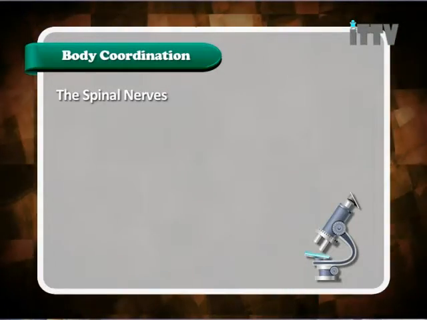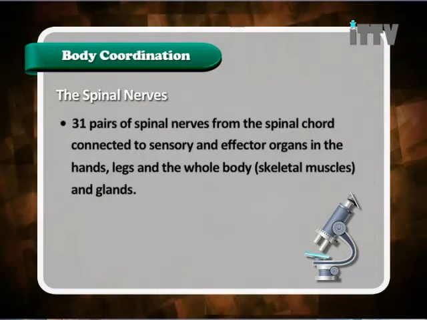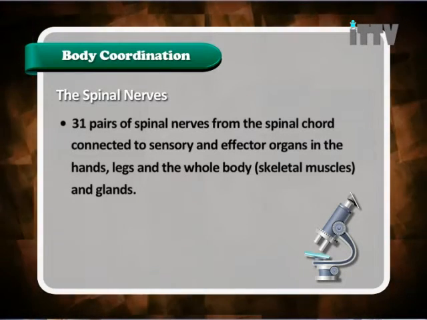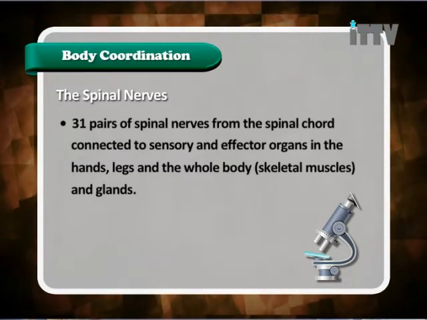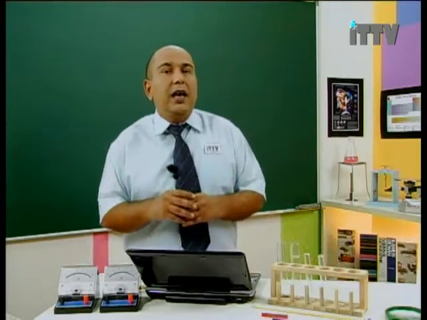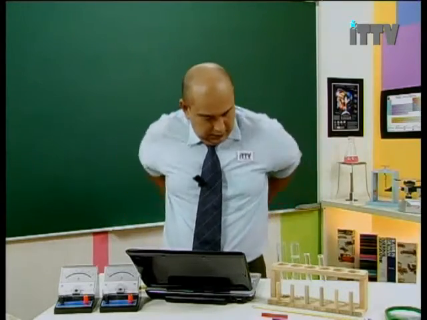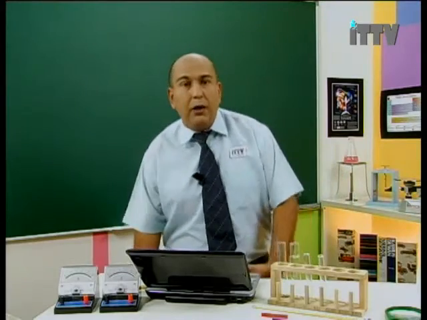The spinal nerves: 31 pairs of spinal nerves from the spinal cord connect to the sensory and effector organs in the hands, legs, and the whole body, skeletal muscles, and glands. So these are our peripheral nerves. Basically, they come out this way from our spinal cord and go throughout our body.